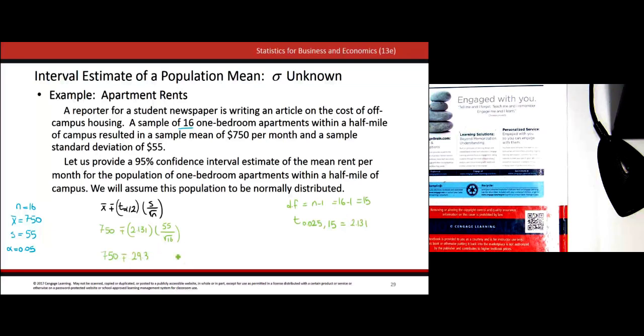So the lower limit is 720.7, and the upper limit is 779.3.